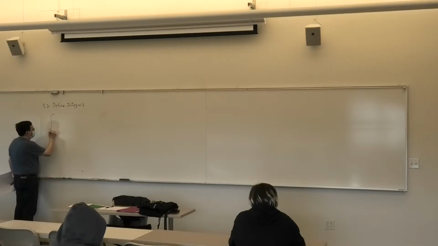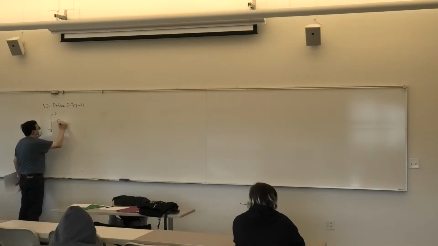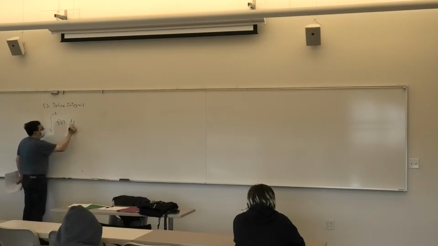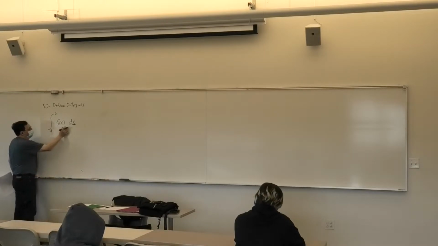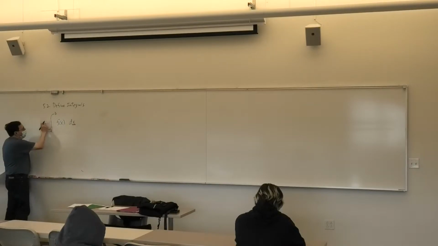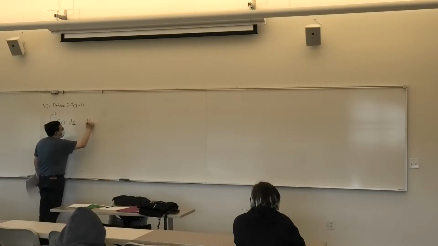We give it a starting point and an end point, some function, and then we add notation that just tells you what the variable is here, x. It's a dummy variable. You could make it y or t or anything. It doesn't matter. And this represents, first of all, a number.